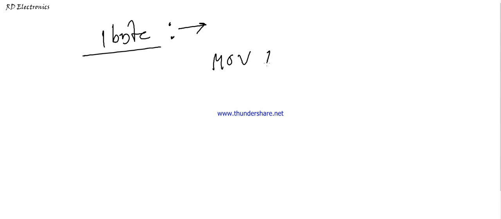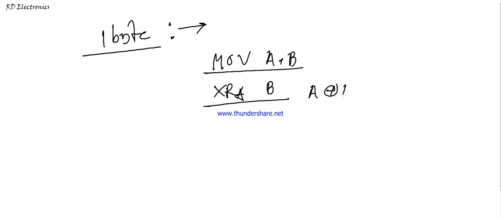Now I am talking about 1 byte instruction. 1 byte instruction means only opcode fetch operation. For example, MOV A, B is only an opcode, so this is a 1 byte instruction. XRA B, XOR operation between accumulator and B, is also a 1 byte instruction.